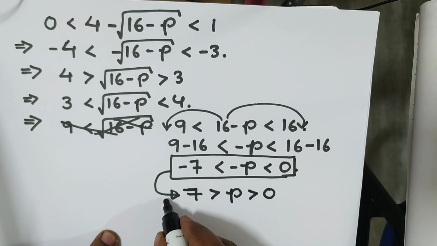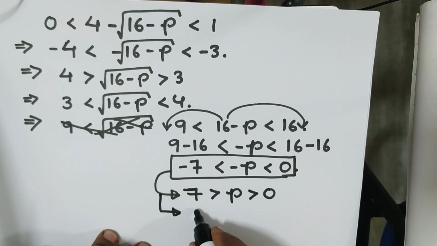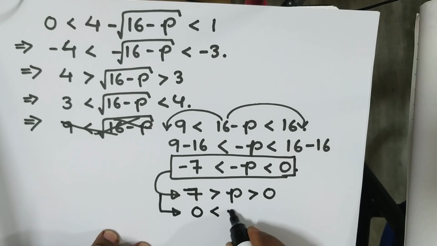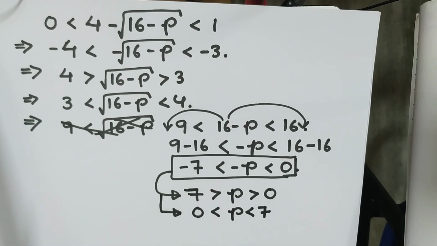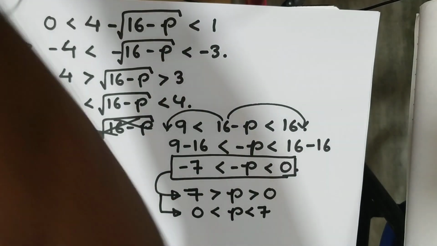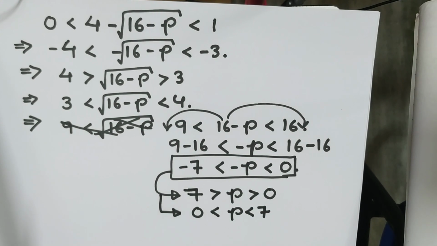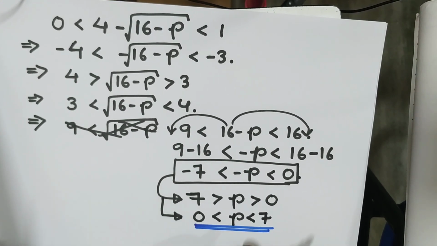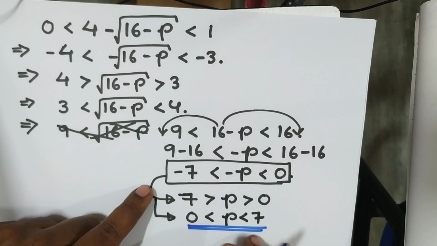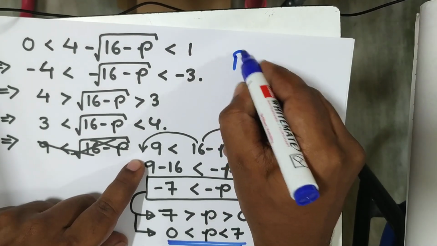Again, this one you can write like this: 0 less than p less than 7. Now we have finally concluded the range of p. What is the range of p? The range of p is 0 to 7.